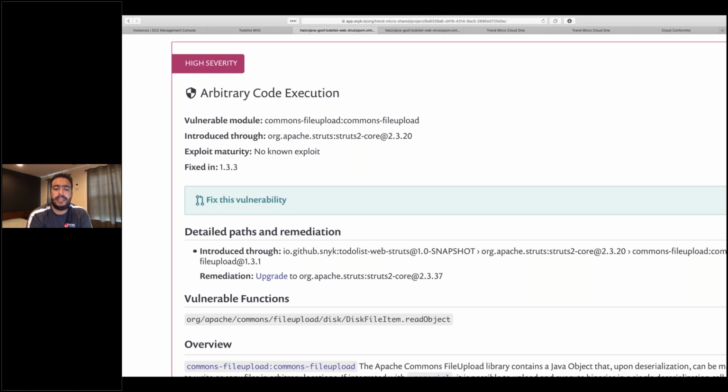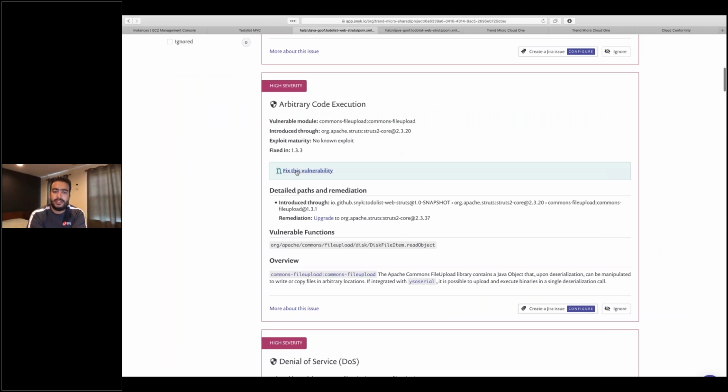That would mean that my application is open to how code designed to be executed. I noticed this has been introduced through an Apache Struts vulnerability, right? So I do want to know a little bit more about this vulnerability.